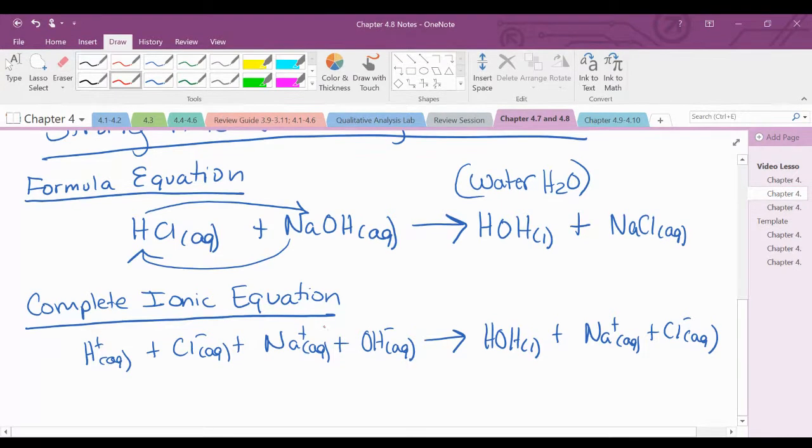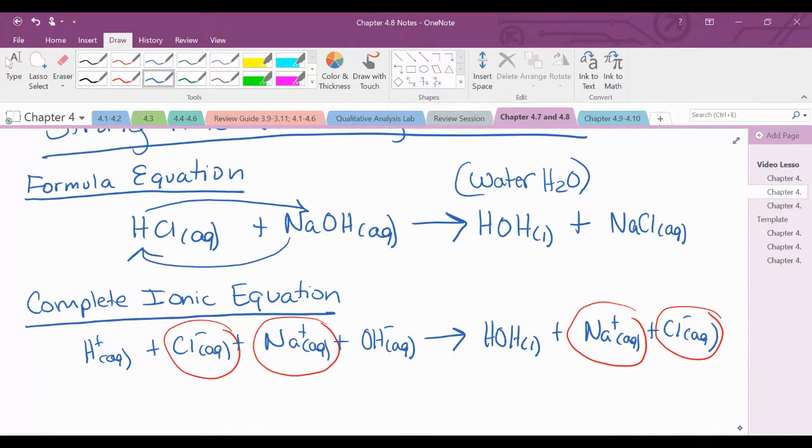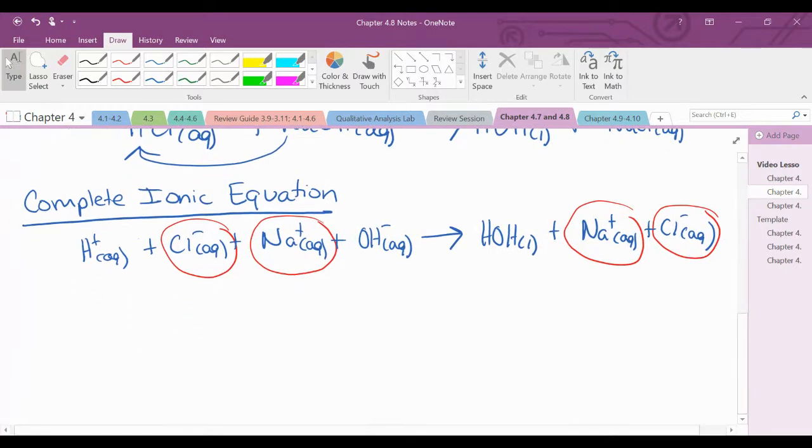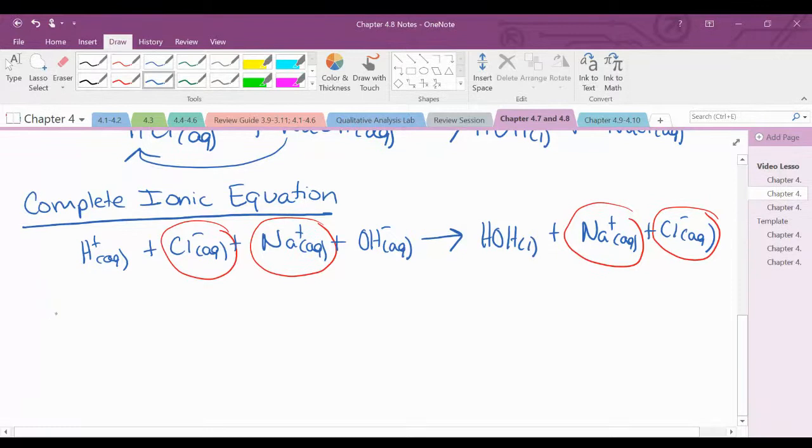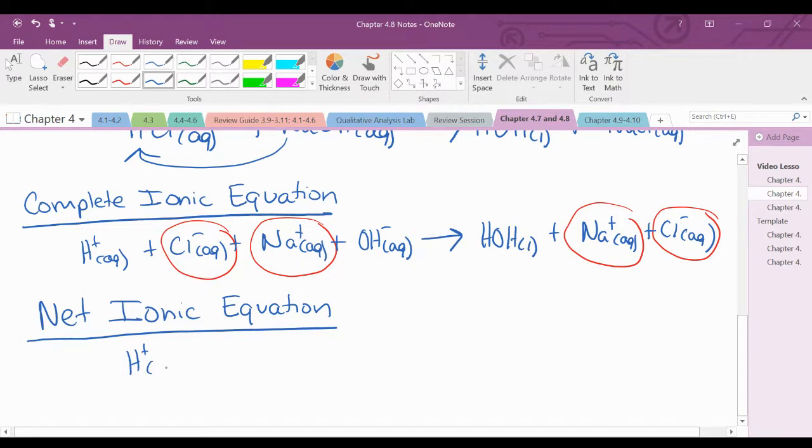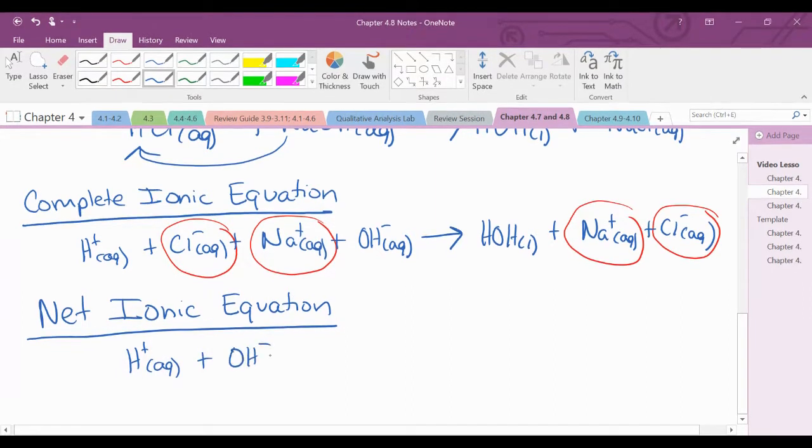You take out your spectators, which are the sodium ions and chloride ions, and you're left with your net ionic equation, which is hydrogen ions reacting with hydroxide anions to form water. And you can write it as H2O. You don't have to write it as HOH.